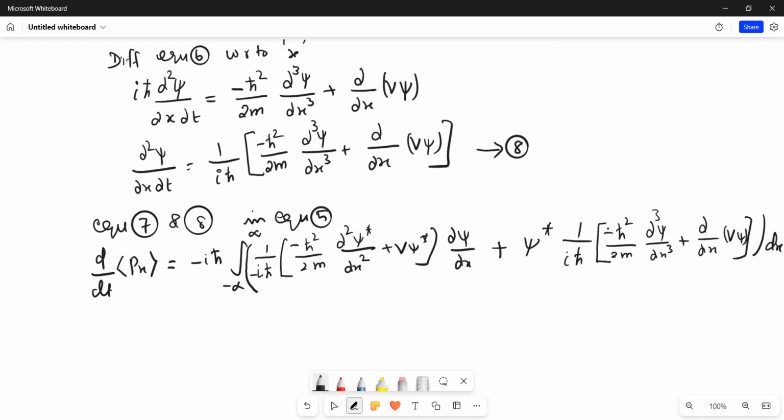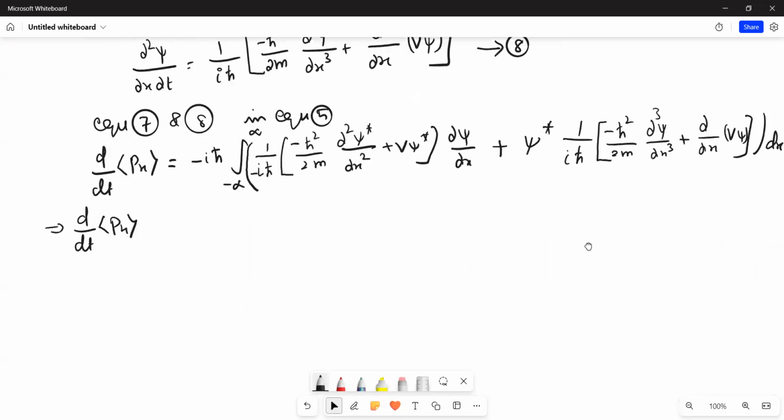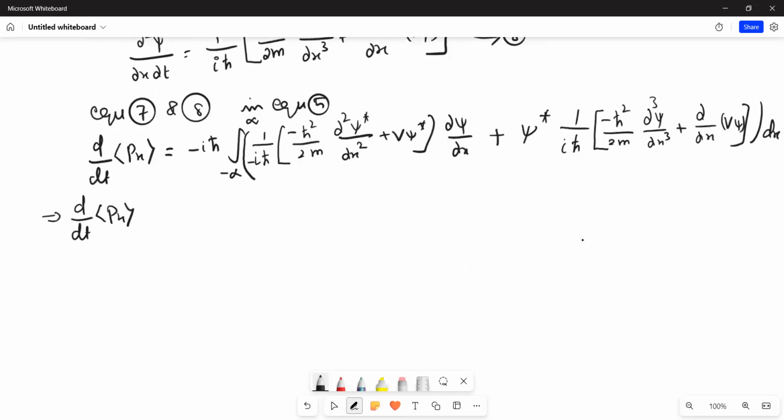Again, just simple mathematical simplification. See here, d/dt of the expectation value of px. Here you need to take out the −iħ from this one and this one, so automatically this step and this step will be cancelled.